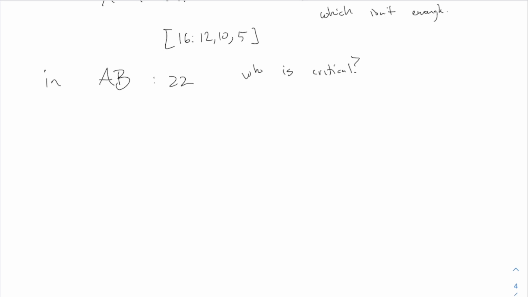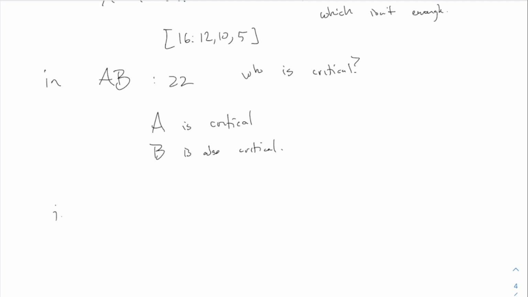Is A critical there? That means is the A actually necessary in order to make it to 16, just between A and B? I would say yes, the A is necessary. If I took the A away, this would drop down to 10, which is not enough. So here, A is critical. And what about the B? Also, the B is critical. So it can be more than one is critical.